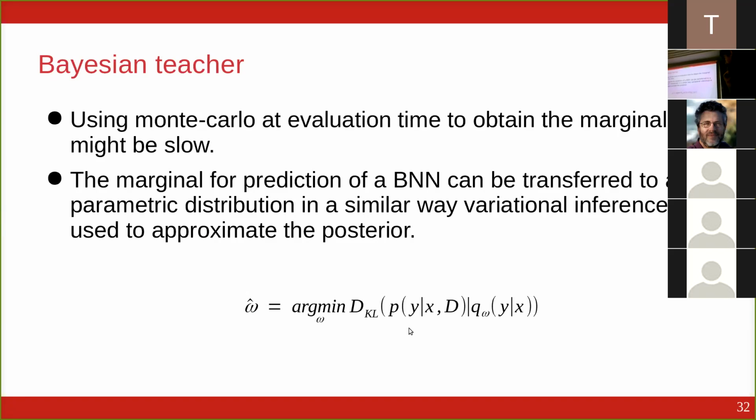Why not train a point estimate neural network in the first place then? Well, the idea is to train with a data set that is much larger than the training set you used for the Bayesian neural network. Why?